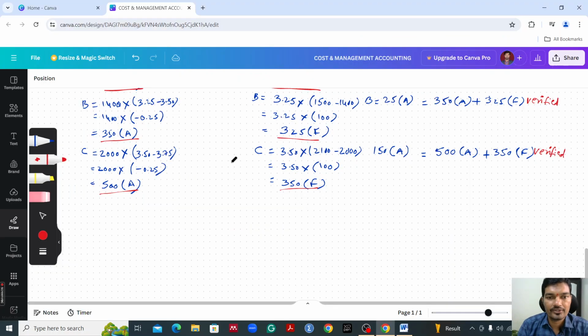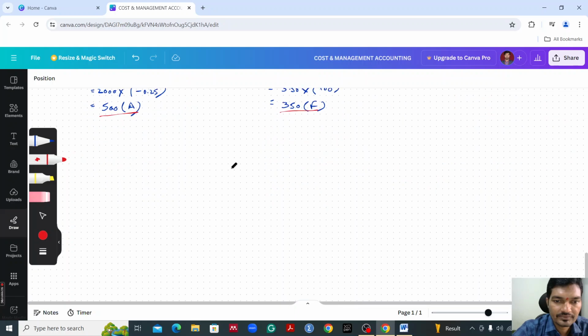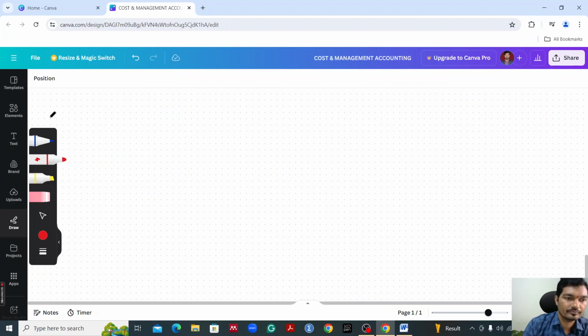So let us start with this third sum. We need to create a table.